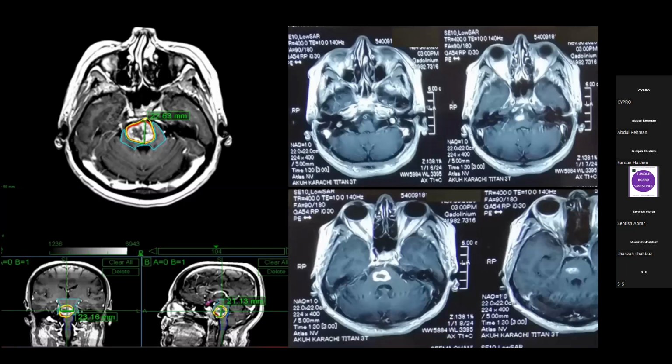This patient went into ICU after 2 weeks of our 5-fraction treatment, but luckily she recovered. And you can see that this lesion here, after 4 months, shrank quite a lot. Her symptoms improved. She started walking, in fact. But of course, there were some cranial nerve palsies, and she tolerated them.